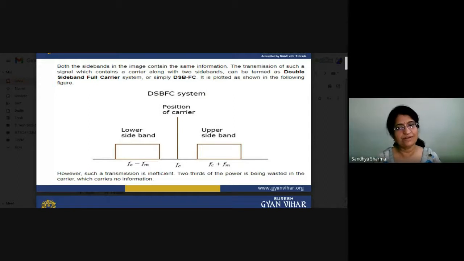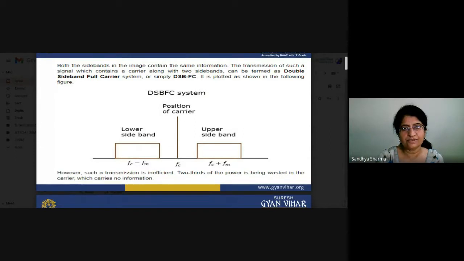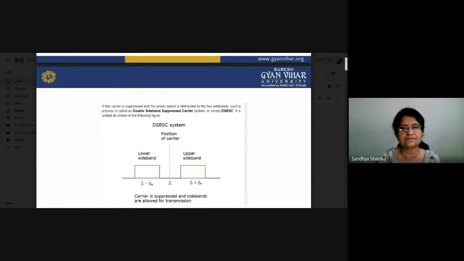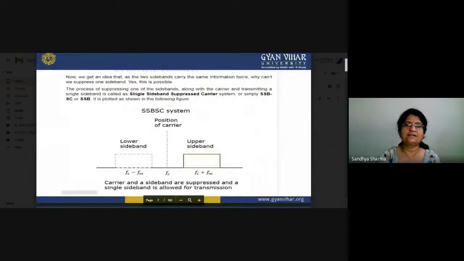So in our modulator systems, we have to again see how the DSB plus C signal will be generated, and how the DSB-SC signal will be generated. This is the DSB-SC system, in which the carrier is suppressed.